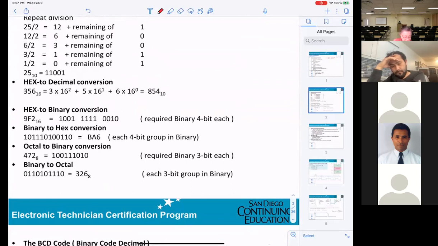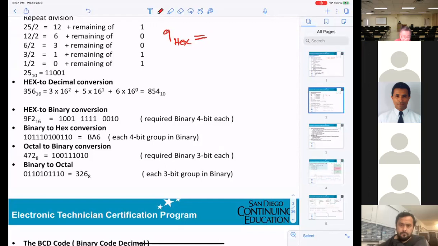Okay, now if you get the number 9, what's the binary? What's the number 9 in binary? It's 1001. Exactly.